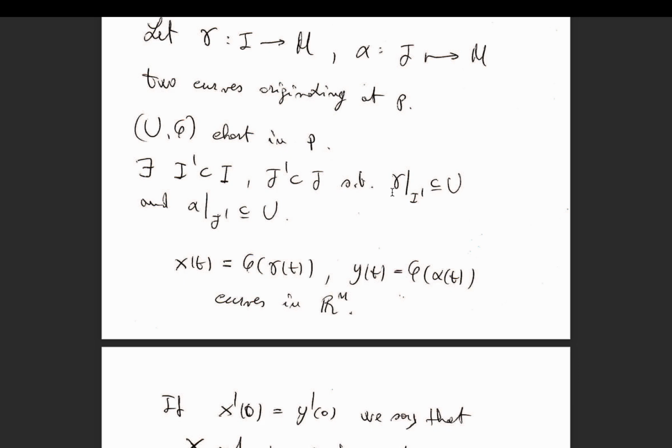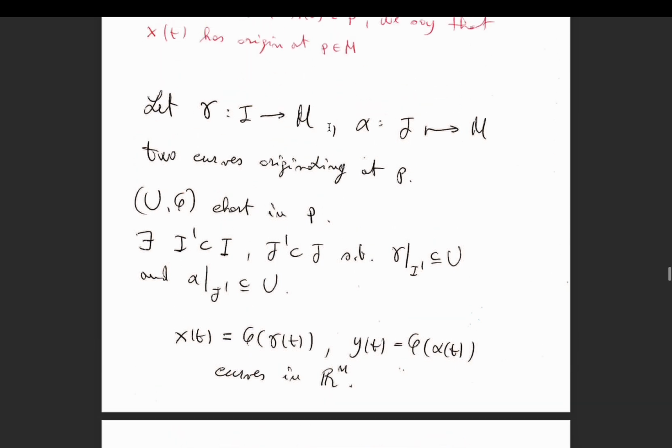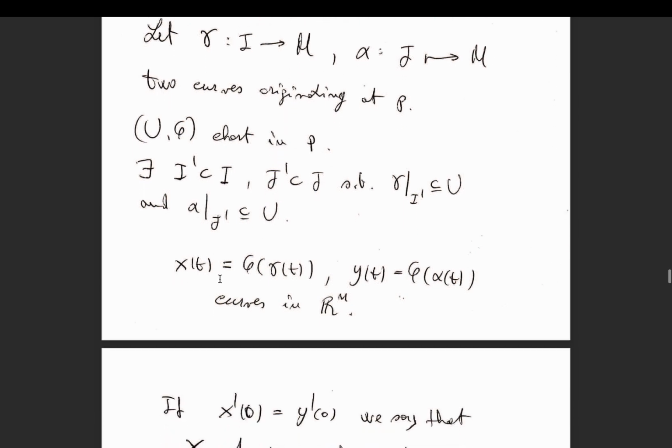Now, by composing these maps with the homeomorphism phi, we obtain two curves in R^m, supposing m is the dimension of the manifold M. We obtain two curves: x is equal to phi composed with gamma, and y is equal to phi composed with alpha.